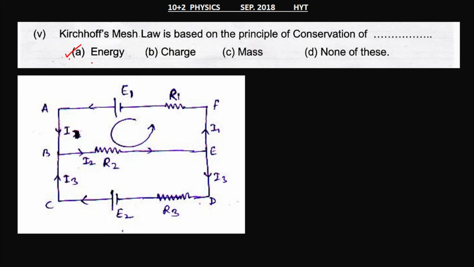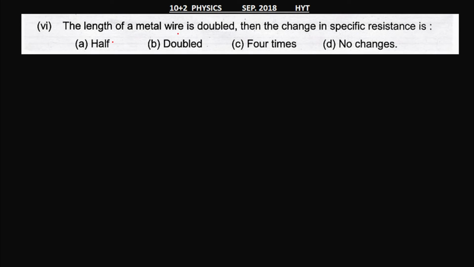Now moving towards the next question, question number 6. It says that the length of a metal wire is doubled, then the change in specific resistance is... Here it says that length is doubled, and it asks about specific resistance, not the resistance.